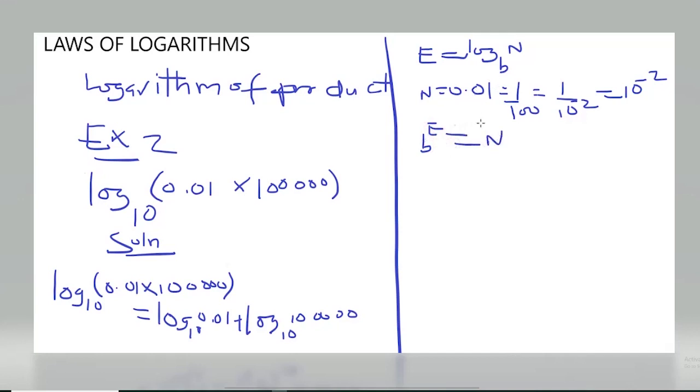Our base is 10, and our exponent is negative 2, which gives the number 0.01. So the whole value is equal to negative 2, because the logarithm is always equal to the exponent.